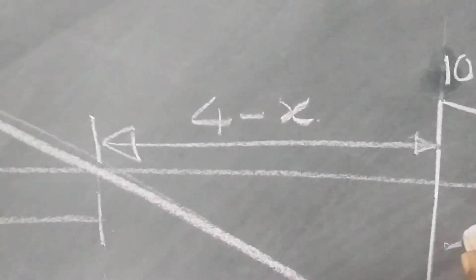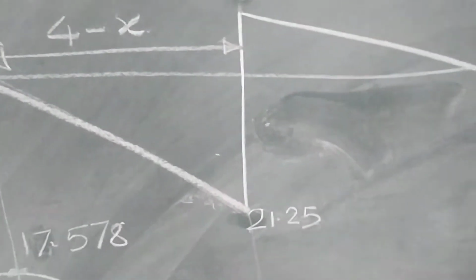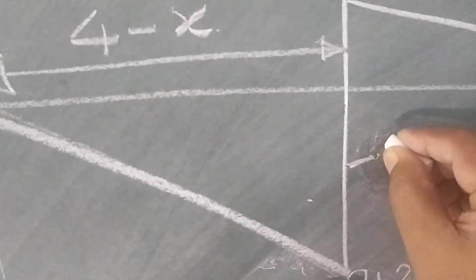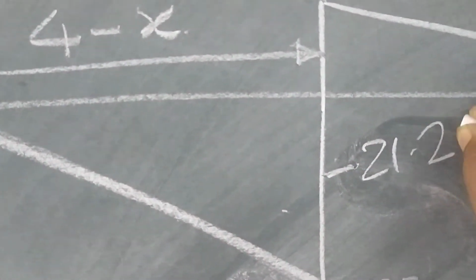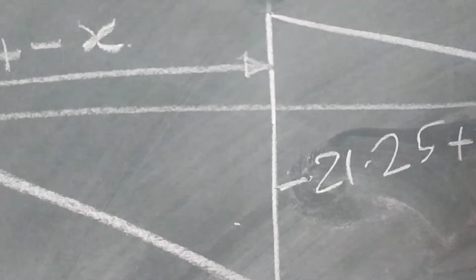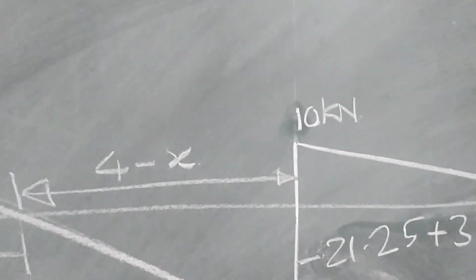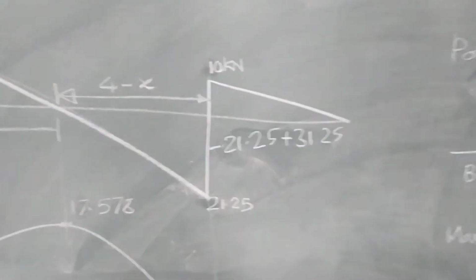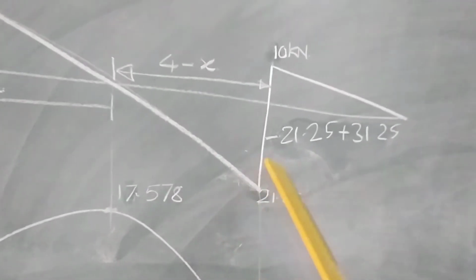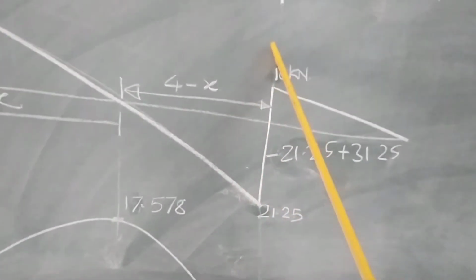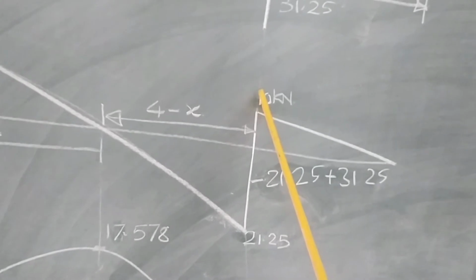Something mistaken, okay. Minus 21.25 plus 31.25 is nothing but plus 10. This is minus 21.25 plus 31.25 is plus 10.